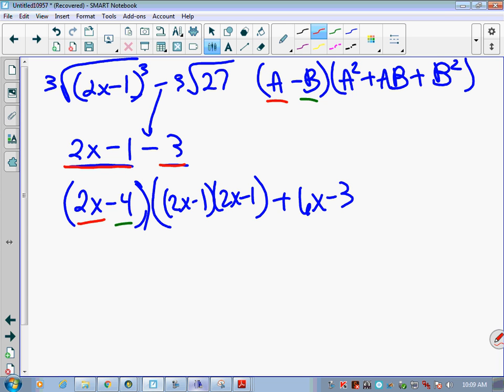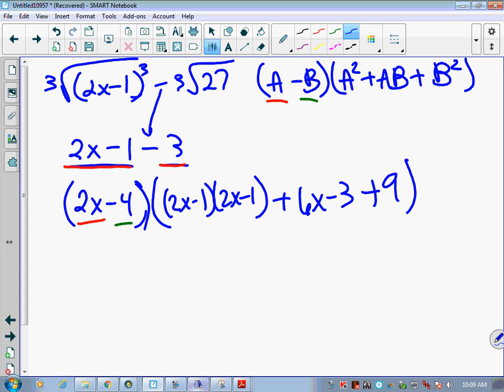So 3 times 2x is 6x, 3 times negative 1 is minus 3, and then they do the b squared, which is positive 9. Okay, which in the end, what we have to finish out is the 2x minus 1 times the 2x minus 1. You follow me so far?